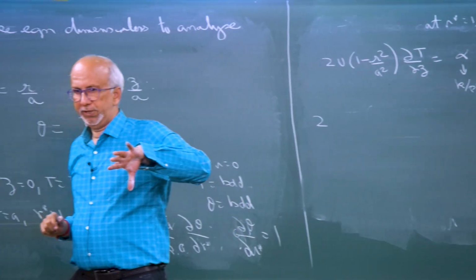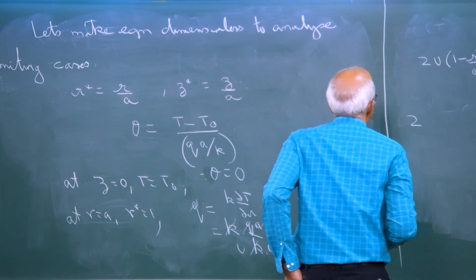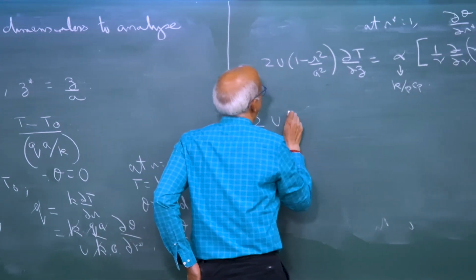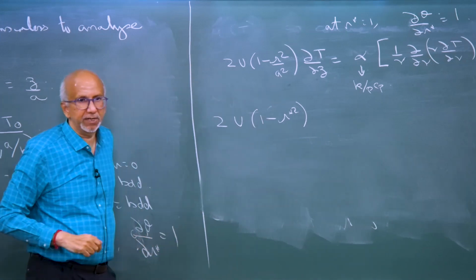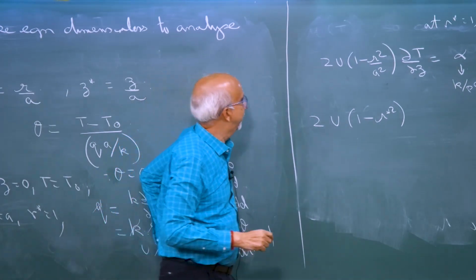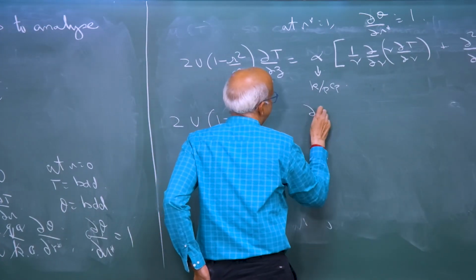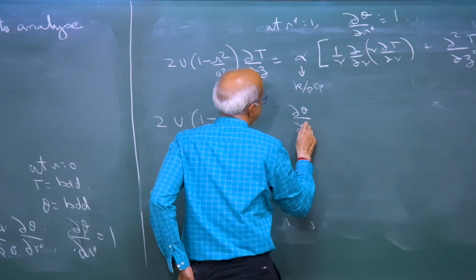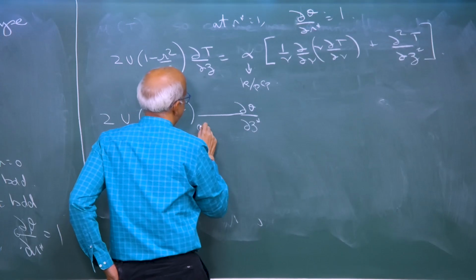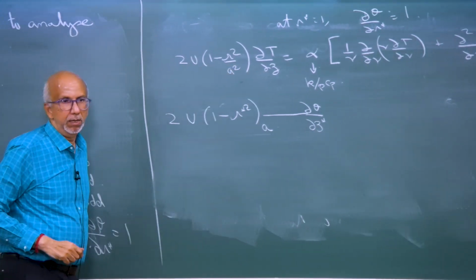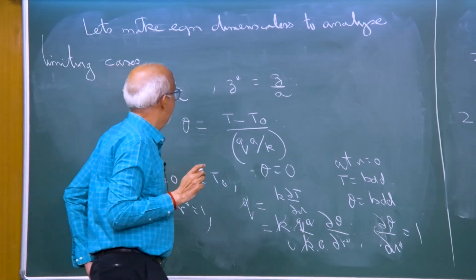I will make the boundary conditions dimensionless, and I will make my differential equation dimensionless. So now I am going to do this. This is just r star squared, since r by a is r star, and dT by dz, I am going to write in terms of d theta by dz star. When I make z star dimensionless I get a, and when I make T dimensionless I will get q a by k.